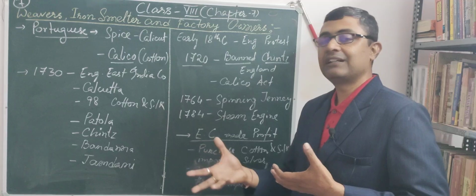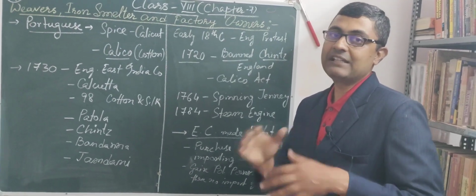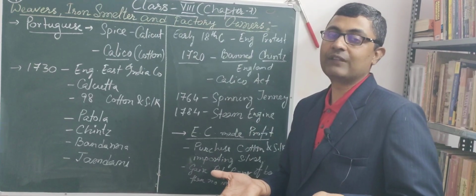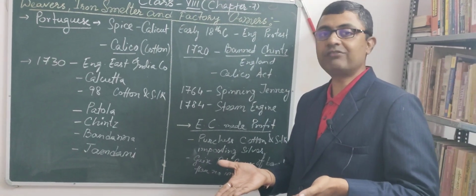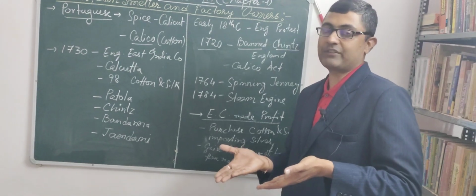They started taking the revenue from Bengal and invested it in the cloth business and also for war purposes.